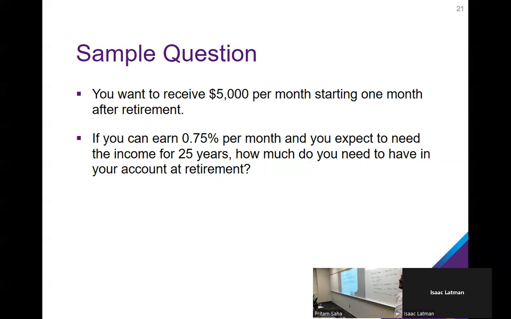Do you agree with that? It's a basic present value problem, right? So basically, the graph here is trying to say you need it at retirement, right? At the same time, you invest the money at retirement too, right? You don't need to bother about when you're entering, right? So basically, N should be how much? 25 times 12. Interest is given as 0.75. Present value is what we need to calculate, future value is 0, payment should be 1,000, right?